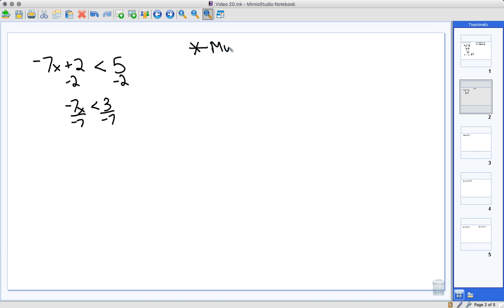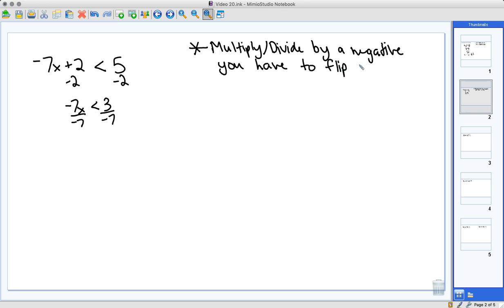When you multiply or divide by a negative, you have to flip the sign. Okay, so since I'm dividing by a negative, that less than sign is going to become a greater than sign.